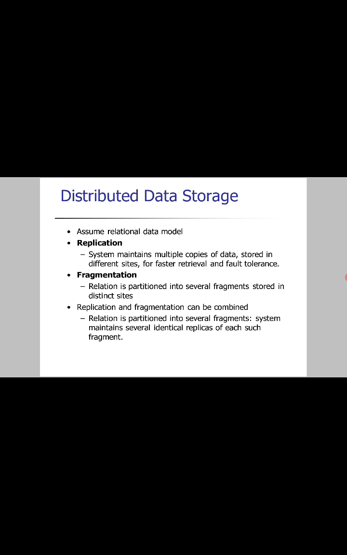It means the original relation or database is partitioned, that is, split up into small portions, several fragments stored at distinct sites. We can split the same database into multiple small fragments, and these small portions can be used at different locations.